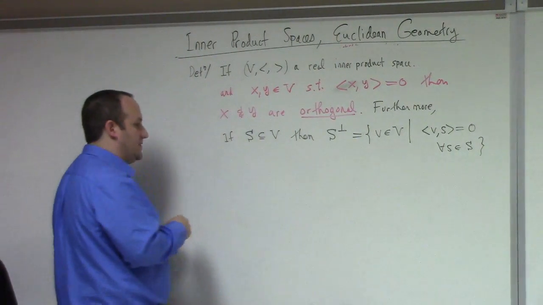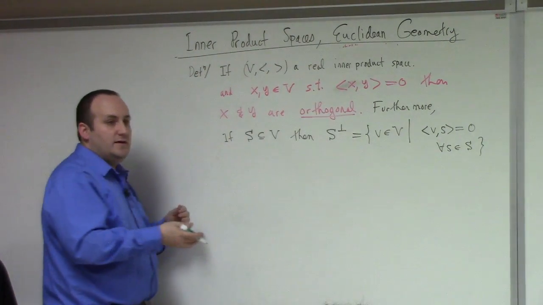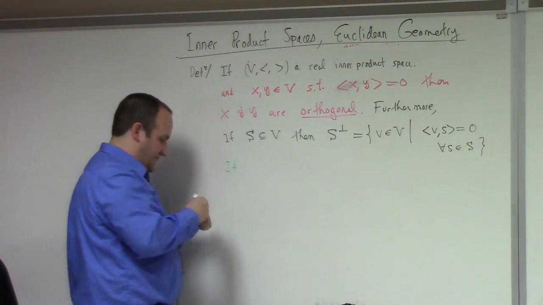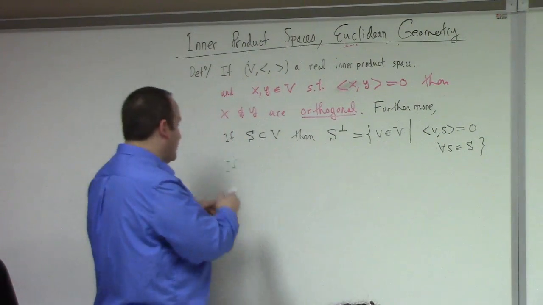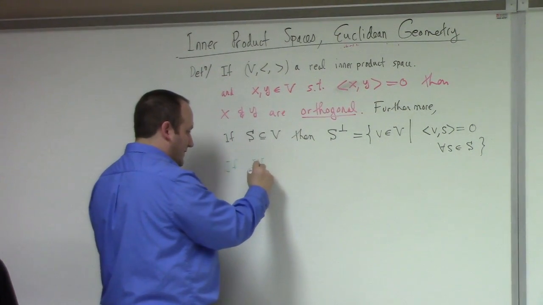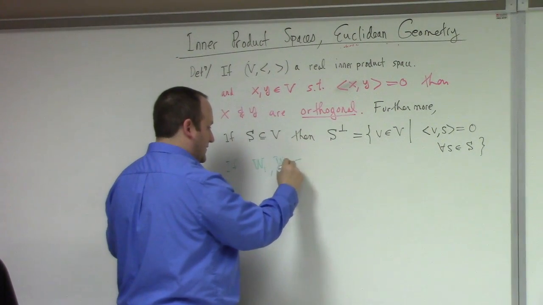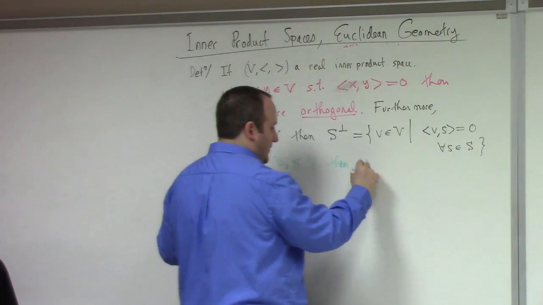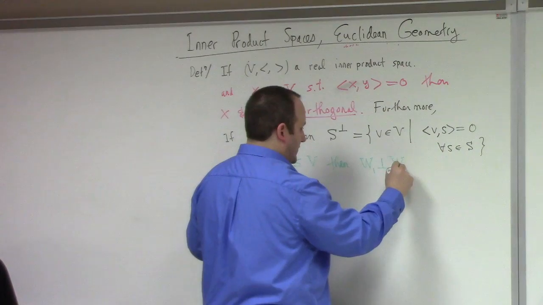That's another definition I should make. Well, we can talk about two subspaces. If W1 and W2 are subspaces of V, then what would we mean if W1 is perpendicular to W2?